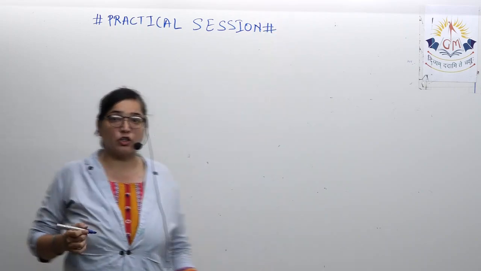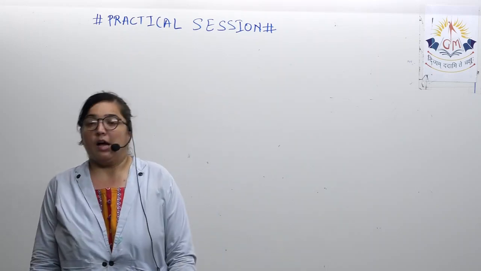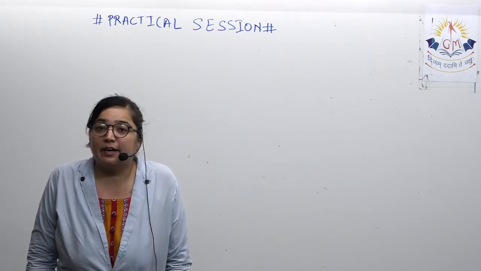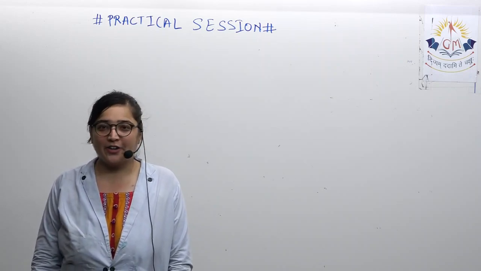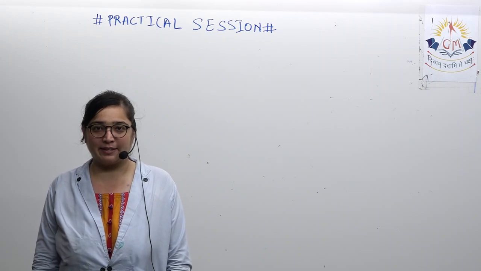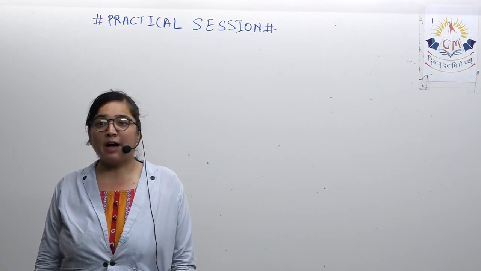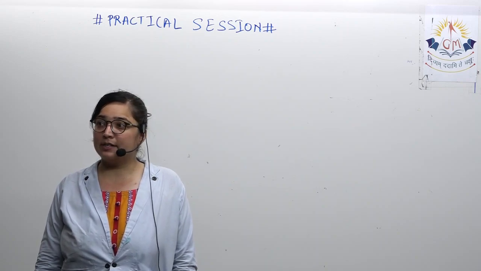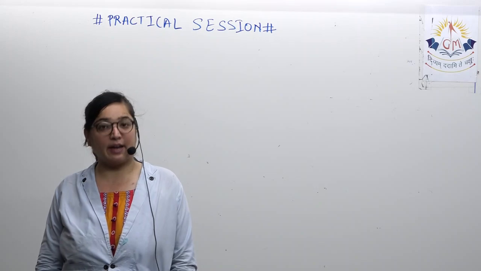Now, what we are going to do today in this practical session, you have studied the nitrogen cycle, alright? Don't worry, we are not going to do the nitrogen cycle in practicals, but a component of it. You have already studied about the nitrates and nitrites.